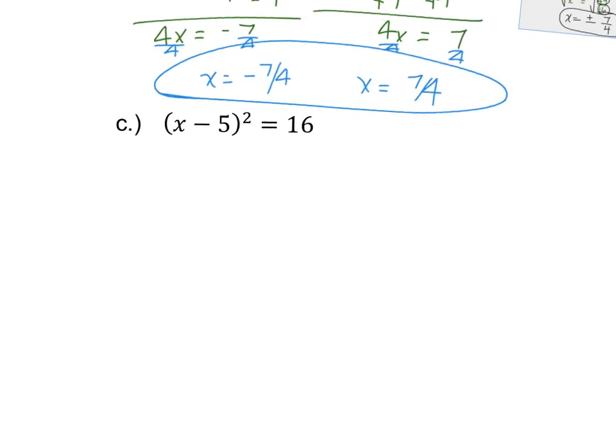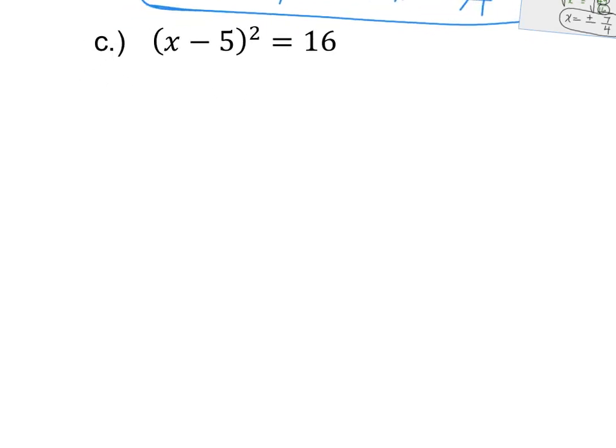Now, let's look at letter C. Letter C is talking about this entire parentheses being squared and it equals 16. So the first thing I want to undo is that squareness.